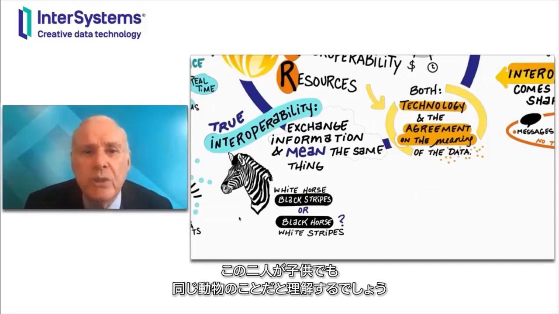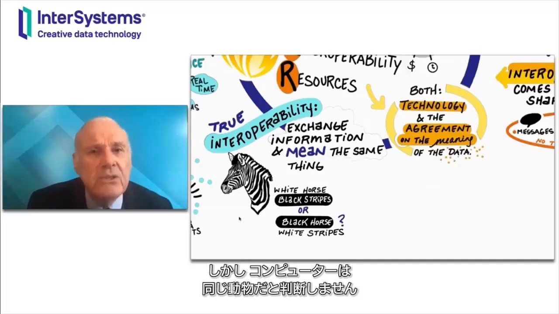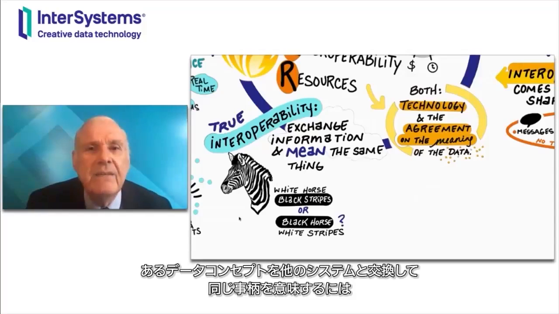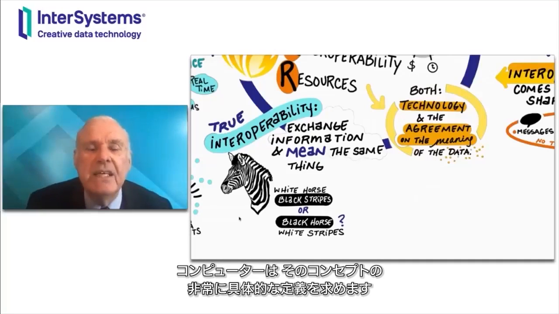Well, even 2 children would quickly understand they're talking about the same thing, but to a computer system, it's not the same thing. Computers have to have a very specific definition of a data concept to exchange that concept with another system and mean the same thing.